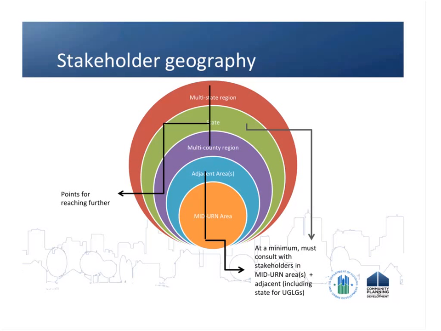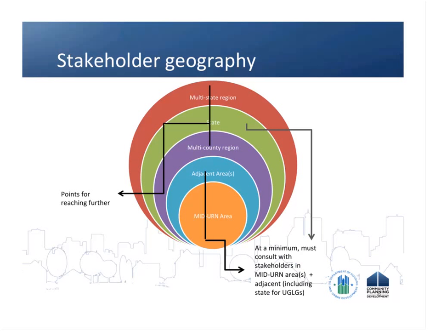Stakeholder geography. You have stakeholders for your proposal. They were affected by the disaster or they're in adjacent areas. At a minimum, you're going to have to consult. This is beyond citizen participation for CDBG grantees and beyond the con plan requirements, and it's been rewritten a little. At a minimum, you must consult with stakeholders in your most impacted and distressed areas and adjacent areas.